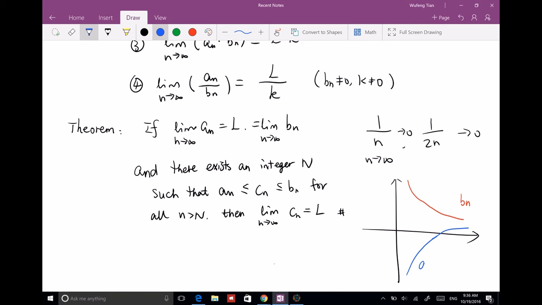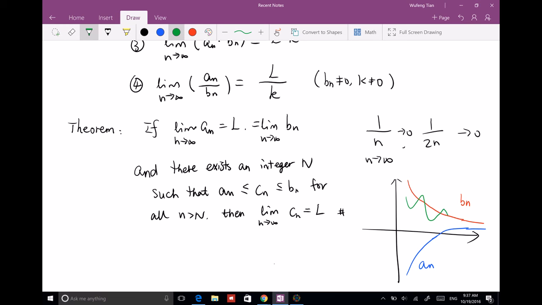Suppose this is an. You know that an is less than bn. Well, after a certain point, I probably can draw a little bit longer. Okay, it doesn't matter what is between them.